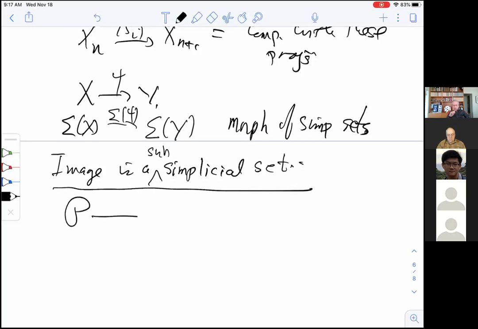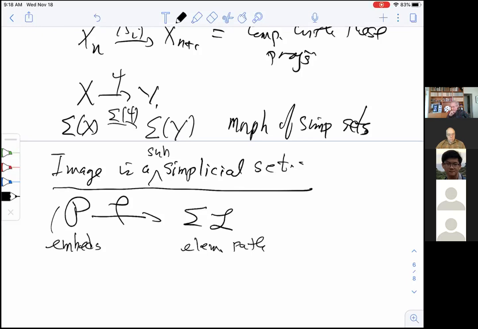Now, we're going to apply this to the map rho, the continuous map from embeddings to these paths, elementary paths. So we have a continuous function there.